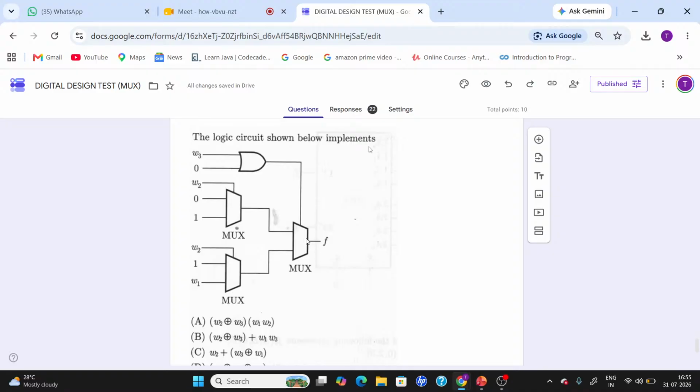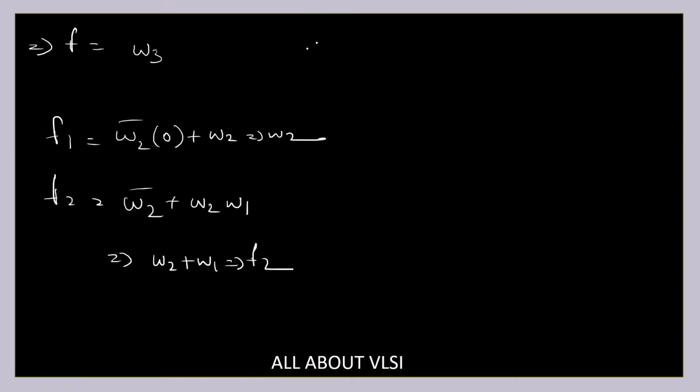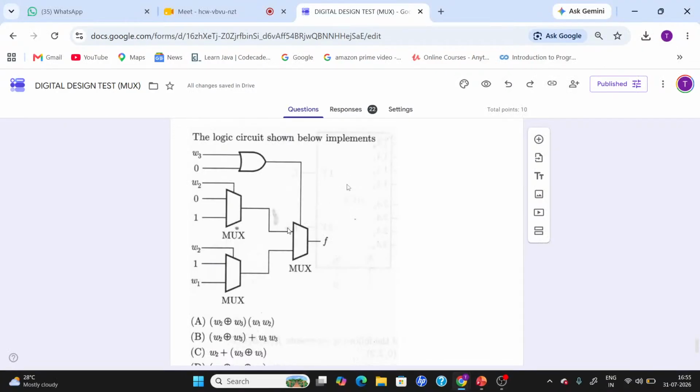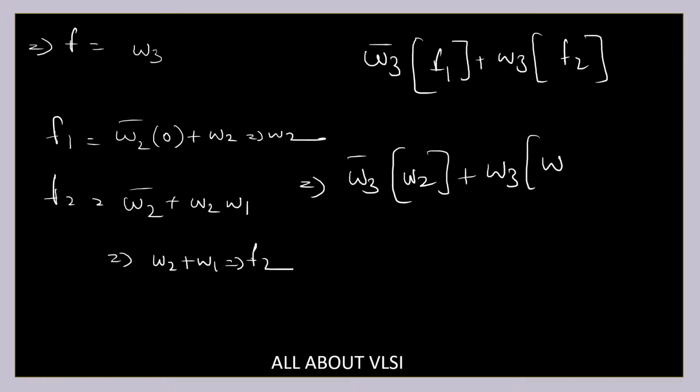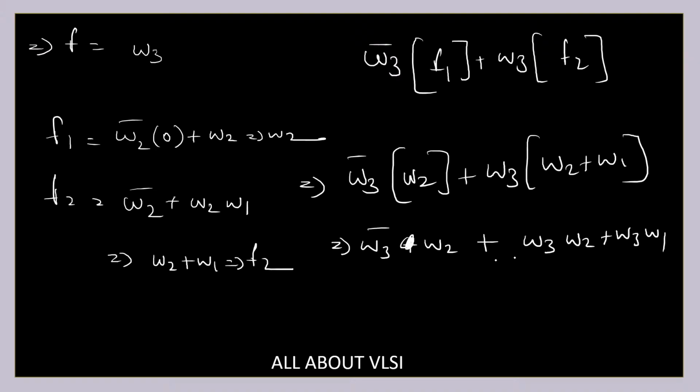Now, if I want to find F, it is W3 complement into F1 plus W3 into F2. I need to solve for this. So W3 complement into F1 is W3 complement into W2, plus W3 into W2 plus W1. Expanding, this is W3 complement W2 plus W3 W2 plus W3 W1.